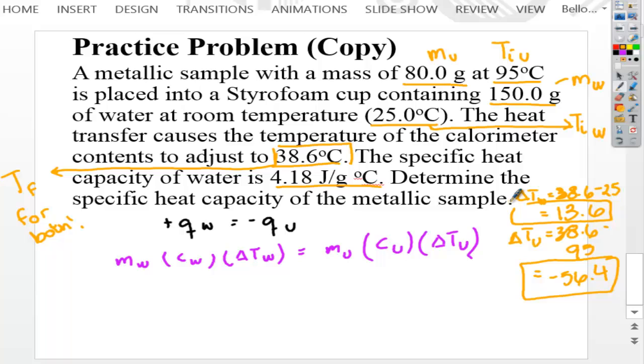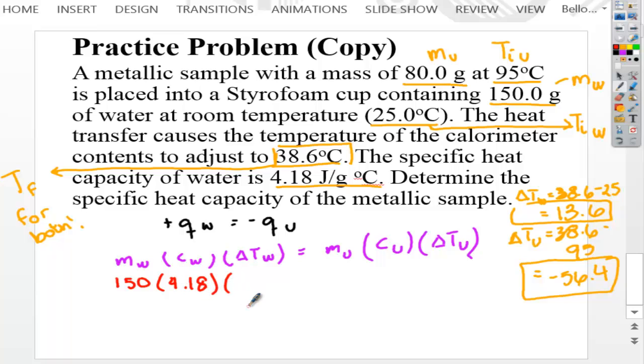So, now, let's go back to the problem and start plugging in numbers. Mass of the water, 150, right? Specific heat capacity of water, 4.18.